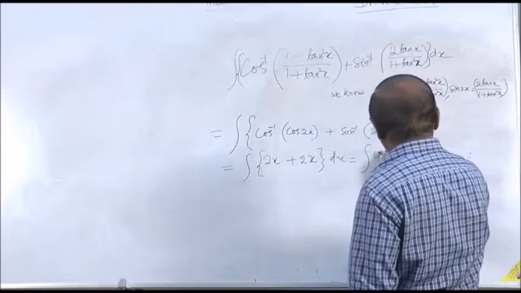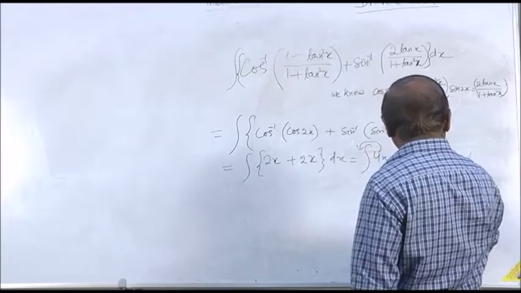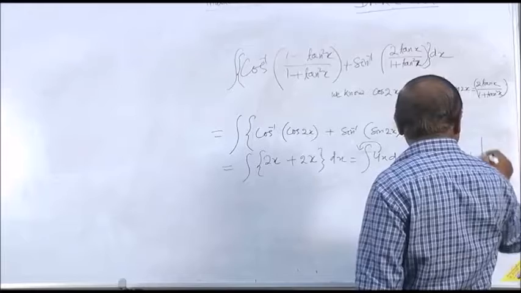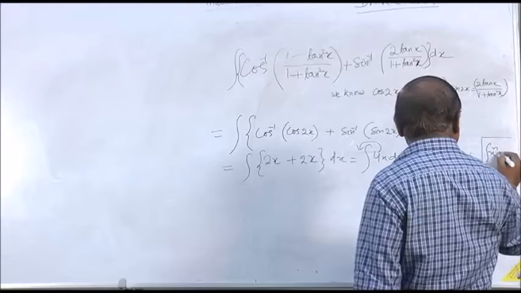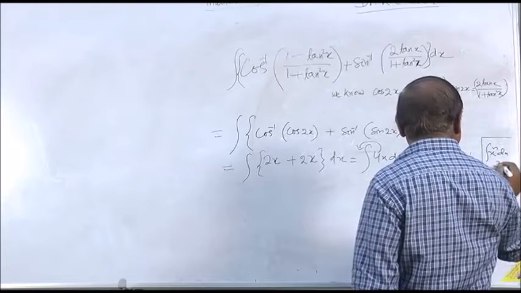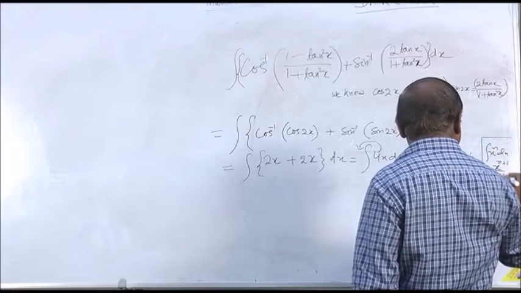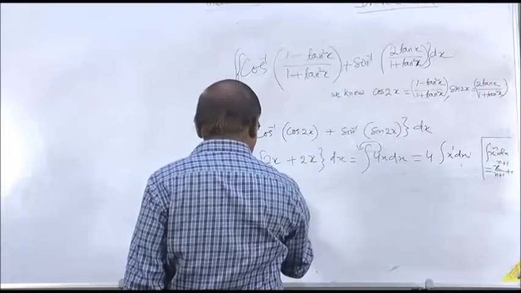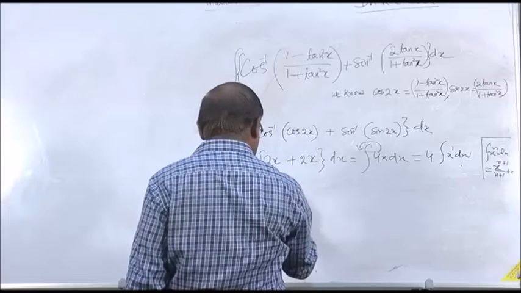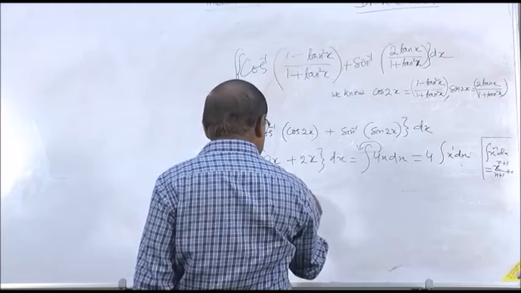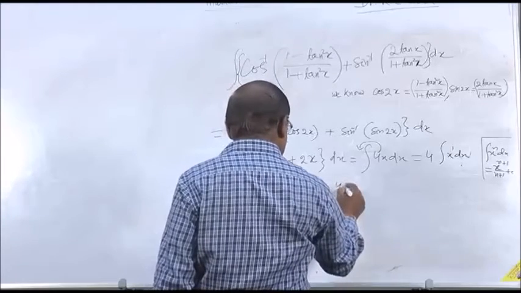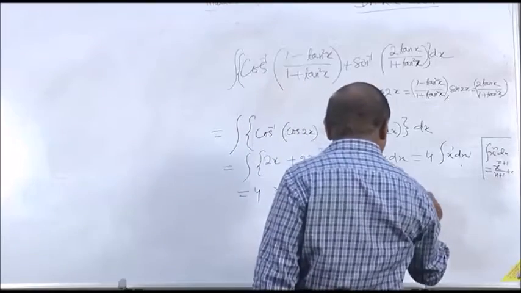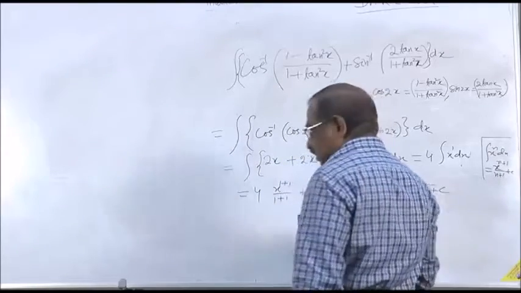As you know, this constant will go out, so this will be 4 times the integral of x dx. We apply the same formula, x to the power n plus 1 by n plus 1 plus c. So this will be 4 x to the power 1 plus 1 by 1 plus 1 plus c, that is 4 into x square by 2 plus c, that is 2x square plus c.